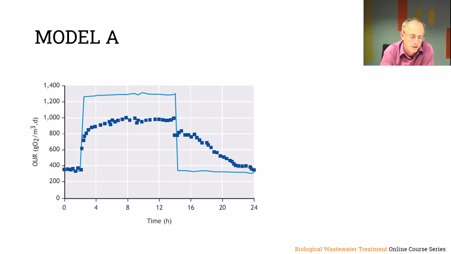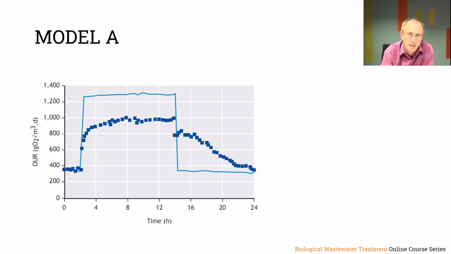You see that once feeding starts, after 2 hours, oxygen uptake rate increases, so that's correct, but it doesn't increase that much as in the simulation and not that momentaneous. There's a kind of step and then a slow increase after that.